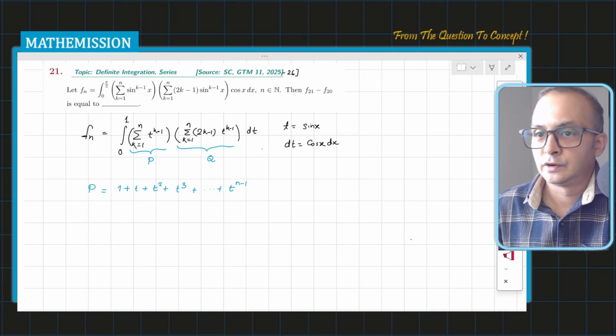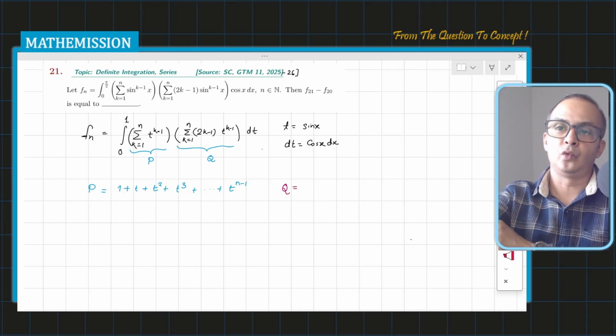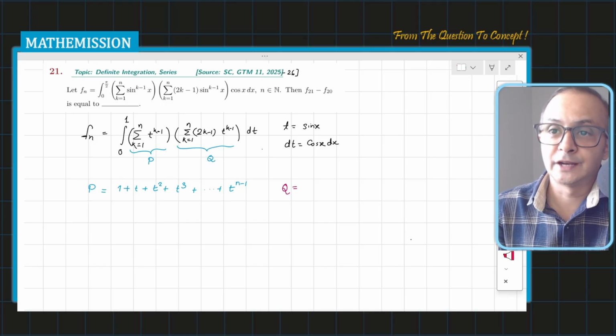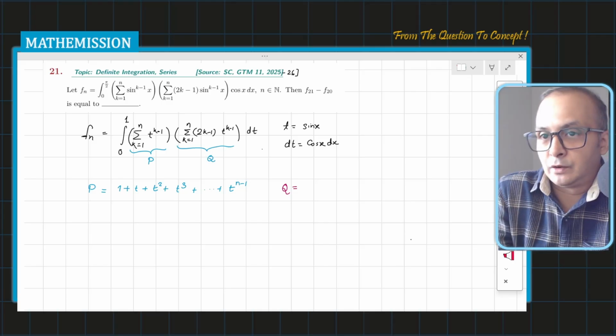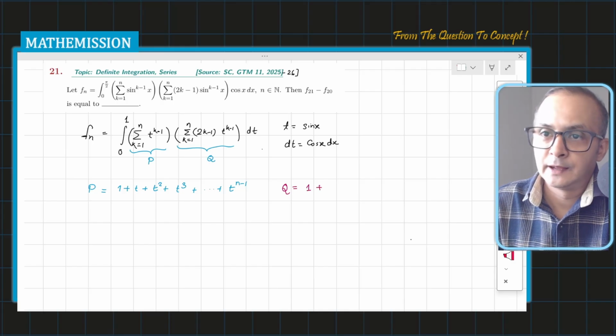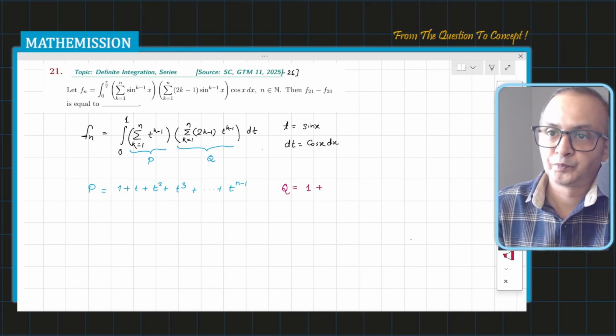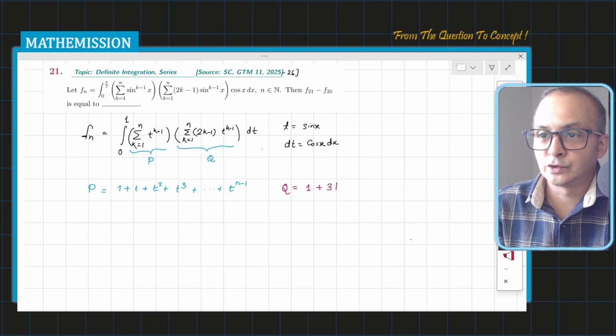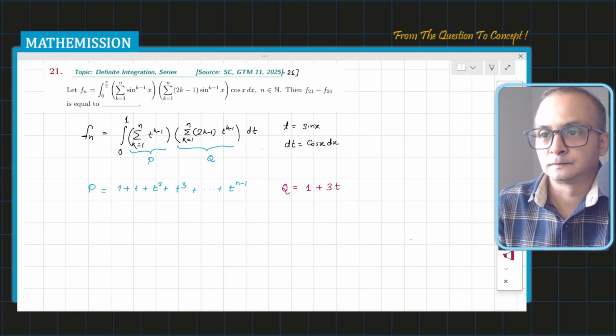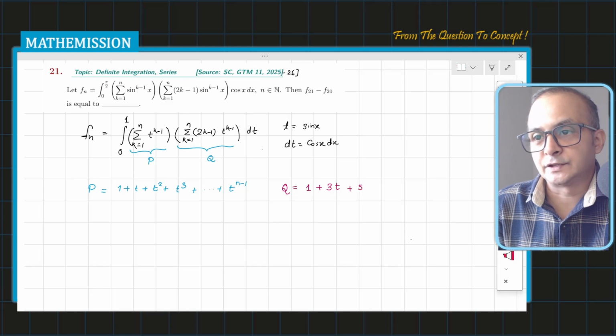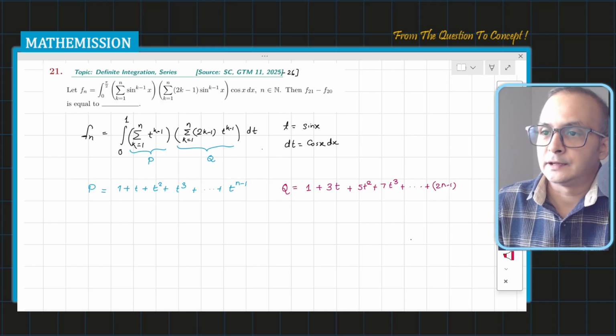Similarly, Q: the first term will become 1 into t to the power 0, that is 1 again. Then the second term will become 3 into t to the power 1, then 5t squared, then 7t cubed, and so on, and at the end 2n minus 1 and t to the power n minus 1.